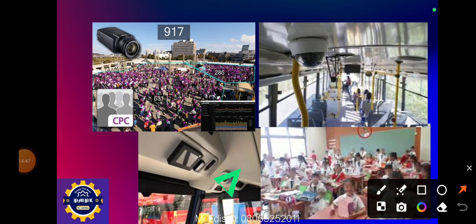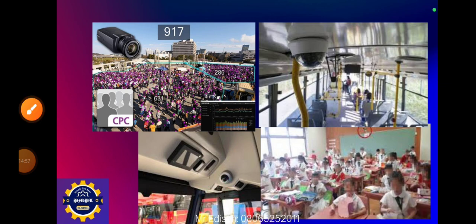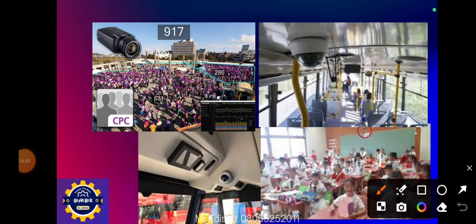Now look at where they installed this. Can you see the camera?